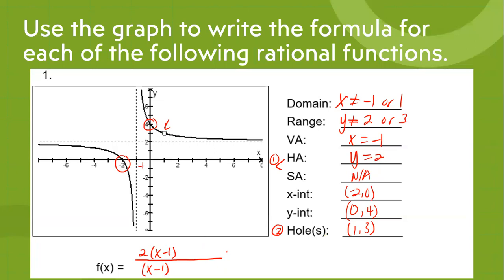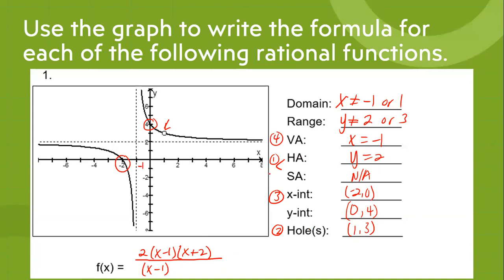Okay? The next thing we're going to do is identify our intercepts, our x-intercept. Where is our x-intercept at? -2. At what factor would make x equal to -2? X plus 2. That goes in the numerator. And lastly, you're going to identify your vertical asymptote.